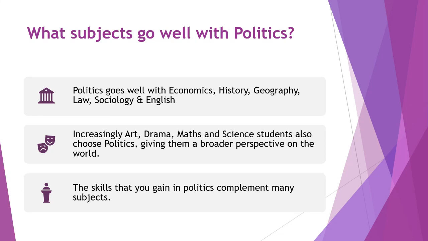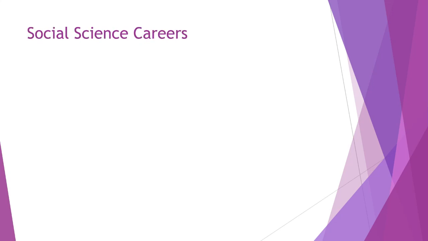I had a student a couple of years ago who was very interested in maths and politics, and a student last year who was interested in medicine but just wanted a balancing subject. So really, whatever subjects you're interested in, politics will offer you skills that complement those subjects.